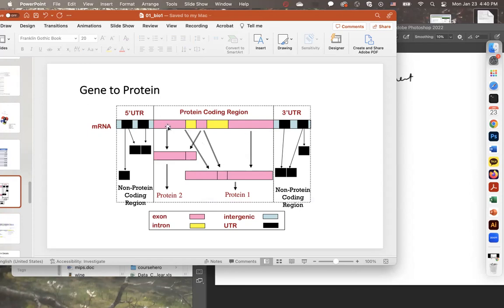You actually have a combination of small subsequences combined to produce one protein, and different combinations produce different proteins and so forth. And this process is called alternative splicing.